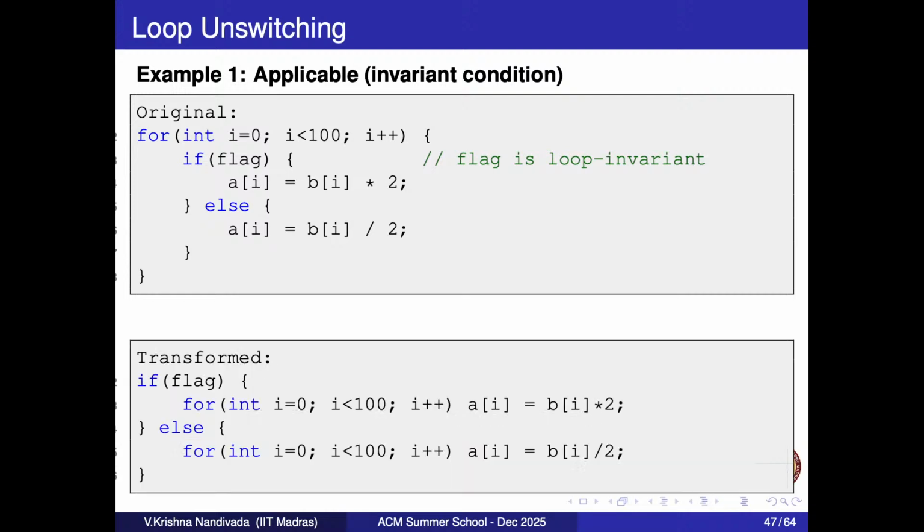Fine. Now, if I transform it this way, if flag, for inside, what will happen? How many branches are there? Statically, one branch. In the program, there is a single if. The code size probably has increased because I pushed the for loop inside.